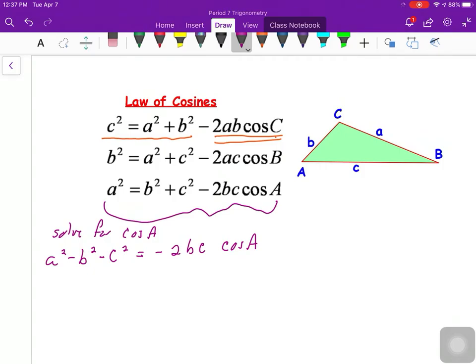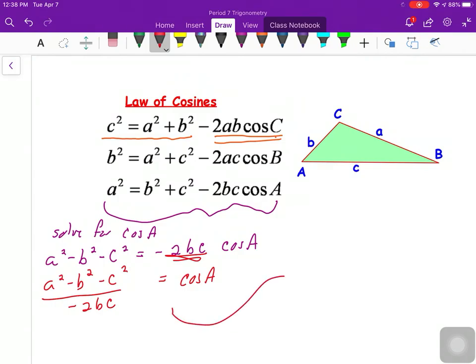So I would have a squared minus b squared minus c squared equal negative 2bc cosine of A. And then I would divide by this negative 2bc on both sides. That would leave me with just cosine of A on this side. And on the other side, I would have a squared minus b squared minus c squared divided by negative 2bc.